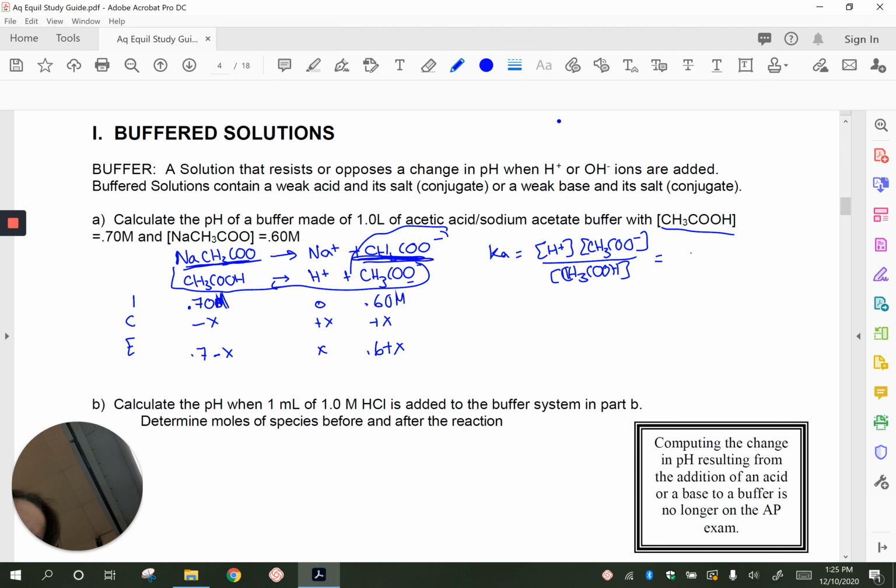And so that is equal to X times 0.6 plus X over 0.7 minus X. And my Ka for acetic acid is 1.8 times 10 to the negative fifth. If I solve for X, that's going to be my H plus concentration at equilibrium. It is 2.1 times 10 to the negative fifth, and so my pH is the negative log of that, which is 4.68.